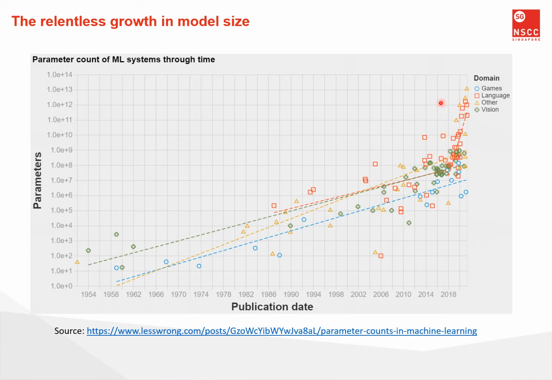So things like GPT-3 from OpenAI are in the order of billions of weights or parameters. So when you have this kind of size, right, 10 to the power 12, 10 to the power 10, billions of weights, it's not possible to do the training on one single computer anymore. It's just simply too large.